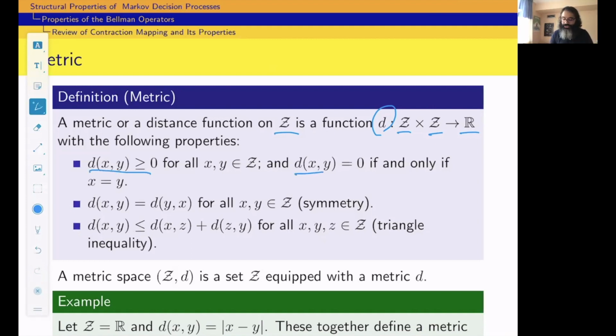And if it is 0, it means that x and y are the same. So if there's no distance, they are the same point. And then the distance between x and y is the same as the distance between y and x. And then we have the triangle inequality, which says that the distance between x and y is smaller than the distance between x and z plus the distance between z and y. So if we go via z, the path would be longer, essentially.